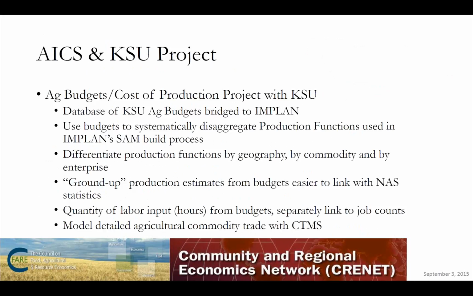So basically, the budgets will tell us what the quantity of labor is, whether those labor hours are wrapped up into units for a job that's in the formal employment market, or if it's volunteer labor, family labor, uncompensated labor, proprietor labor, and things like that.